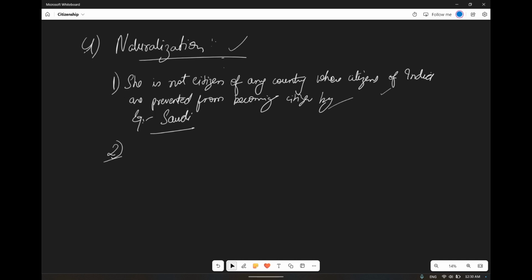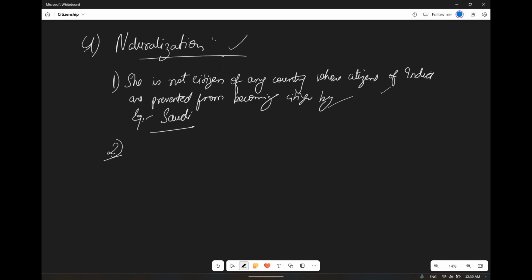Now, she renounces the citizenship of another country. If the person is holding citizenship of another country, that person has to renounce it.